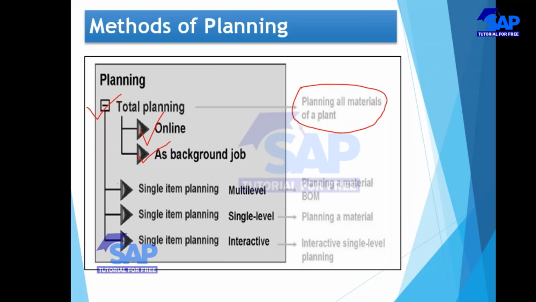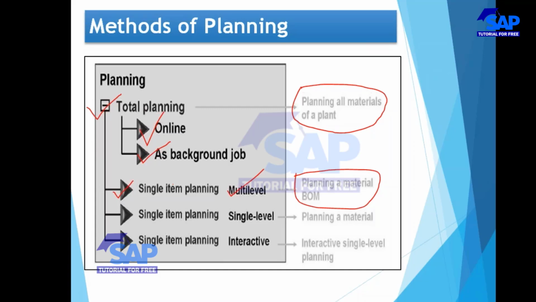Now the other option we have is for a single material, called single item planning. Here you have options. Multi-level means it will plan the entire BOM structure of that particular material. Not only that material, but it might have some BOM components, and those components also will get planned.